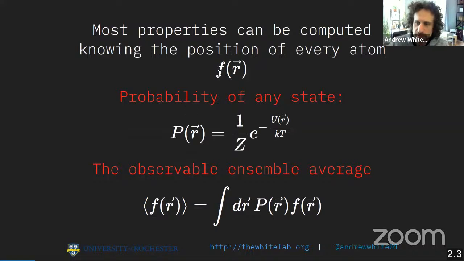In PLUMED, we have collective variables, which are typically functions of the positions, some f of r. In this module, we're thinking about how to connect some collective variable of a simulation with experimental data. Throughout this talk, I'll be saying things like an observable, and an observable is a collective variable which we can also measure in an experiment.